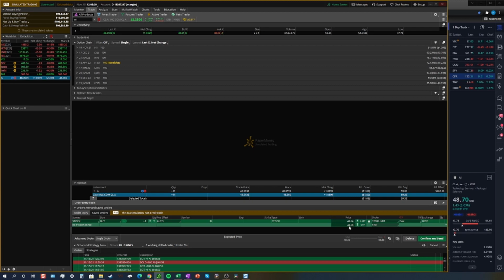As it goes through the resistance or support, it can kind of jump price levels, and that is where if you have your trigger just above the resistance or below the support, it activates your trigger, but your limit will keep you from getting a bad fill if the market is to jump too far. Like, hey, I don't want to get filled that far away. I want to get filled maybe right here, right as it breaks out, but I don't want to get filled too far away. And that's perfectly logical, right? It makes perfect sense to do that.